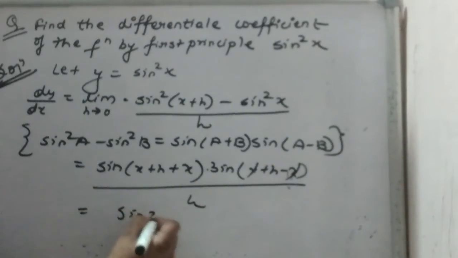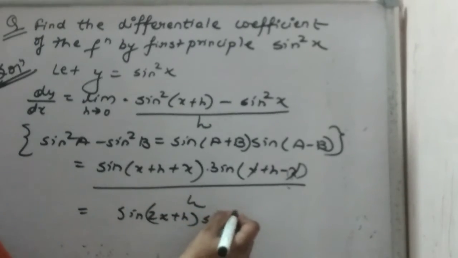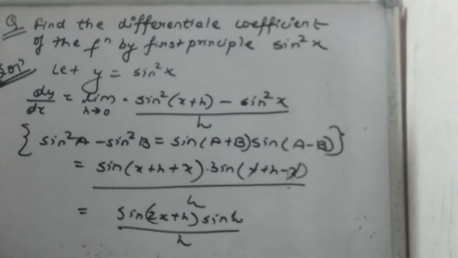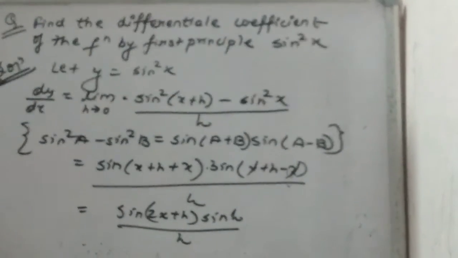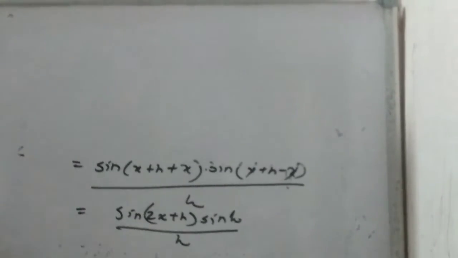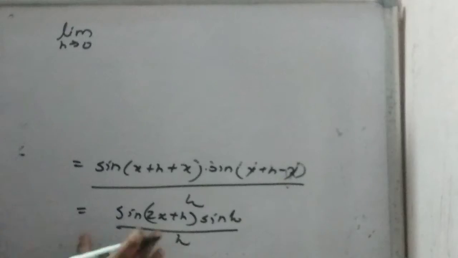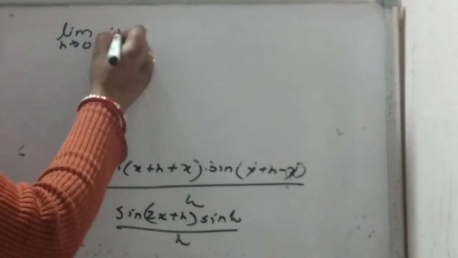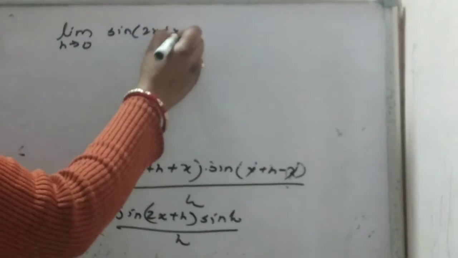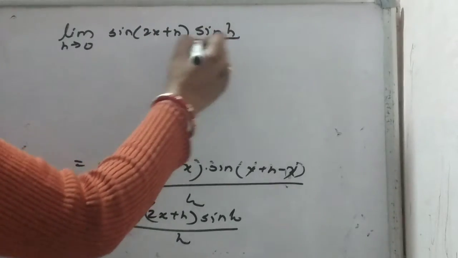Sine 2x plus h, and this is sine h, only h is given, so h is there. Okay, now see. Now what is going on? The limit is going on. Limit h tends to 0, make it separate. This is not in plus addition form, so only one term we can make separate, sine 2x plus h, and sine h upon h.